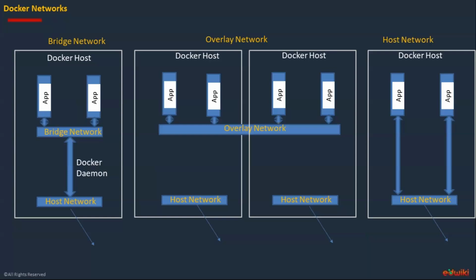Of course, I'm not saying that they will not be used, but they are used for certain special cases, definitely not for the regular applications that we work on. So from the concept point of view, you need to understand how these things work. But I think the bridge network is good enough to do some exercises and start using, which we are pretty much using in real time too.